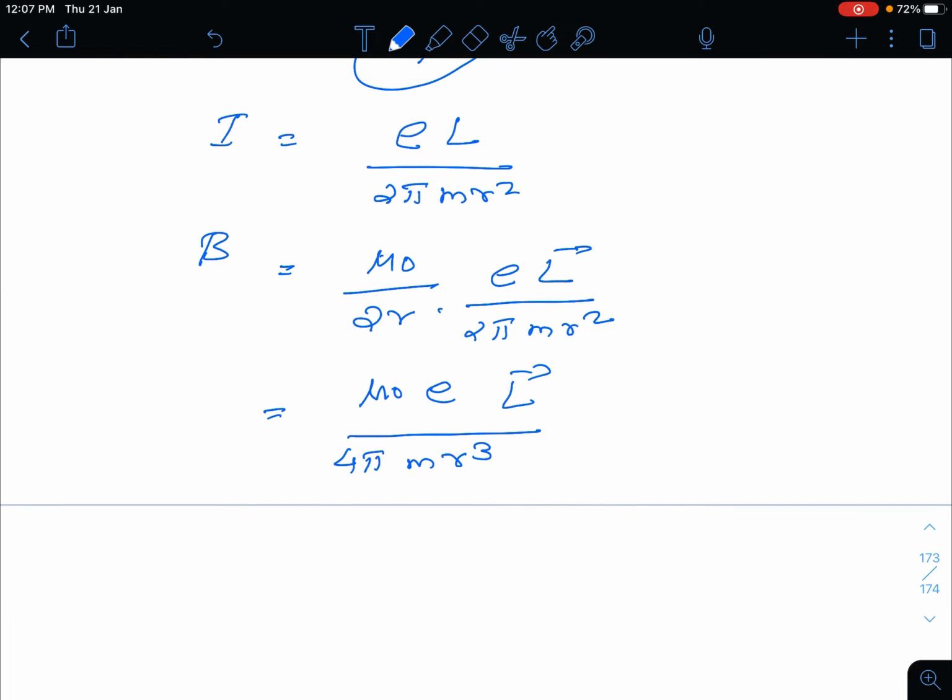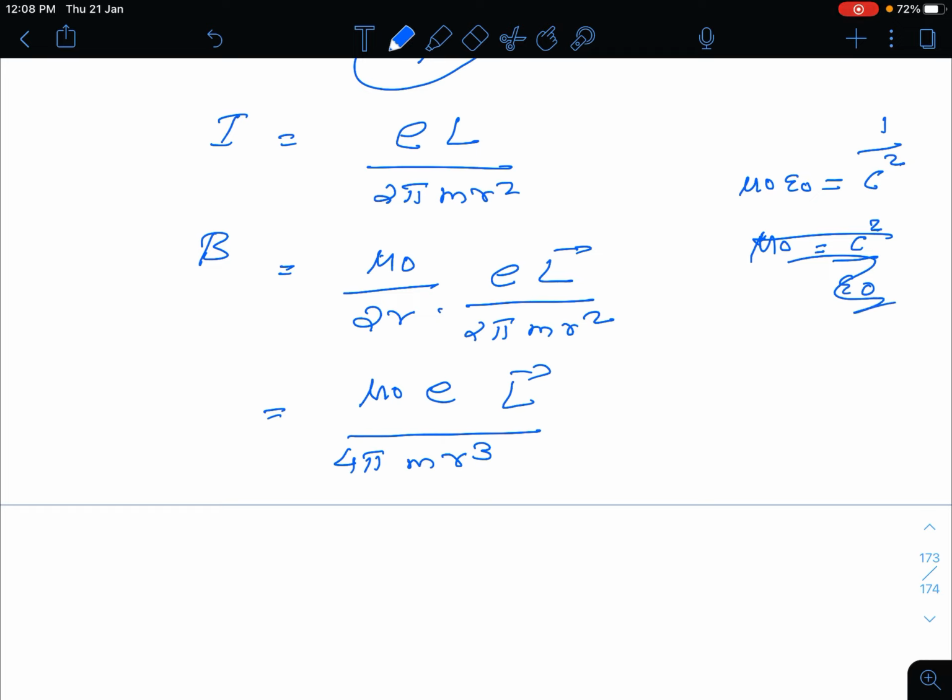Now mu 0 epsilon 0 is equal to c square, we know that relation. Sorry, mu 0 epsilon 0 is 1 by c square.